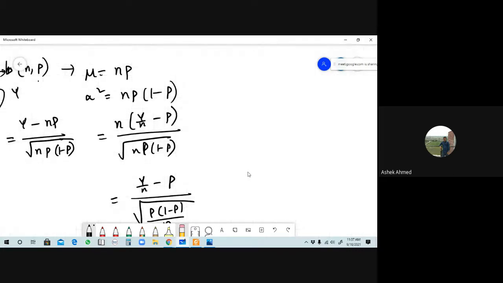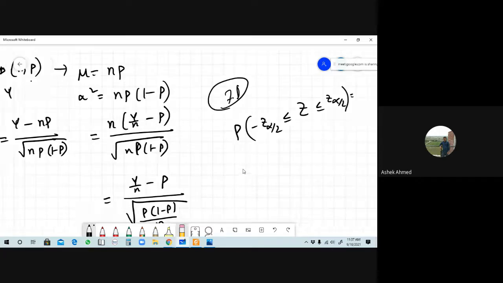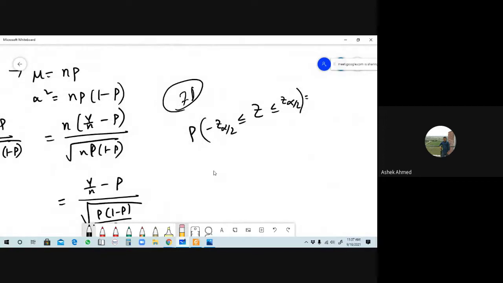Now we will substitute these values into the inequality that we derived from topic 7.1. What was the inequality in 7.1? It was minus z sub alpha by 2 is less than or equal to capital Z, which is less than or equal to z sub alpha by 2, and that probability was 1 minus alpha. Now we substitute Z by this term.